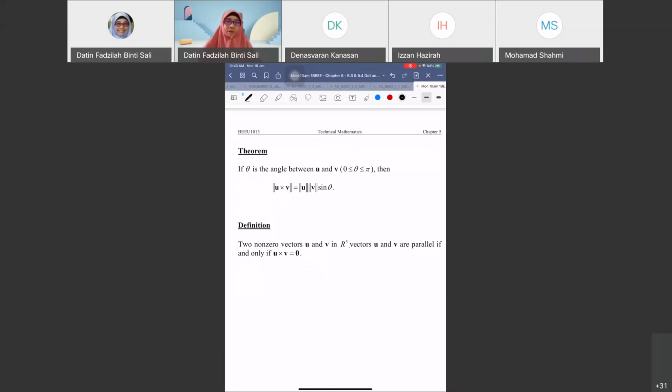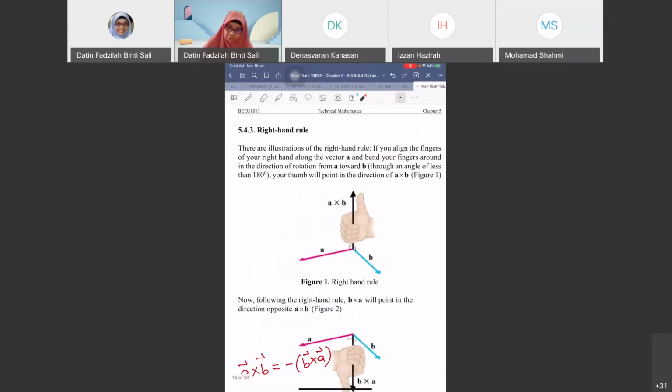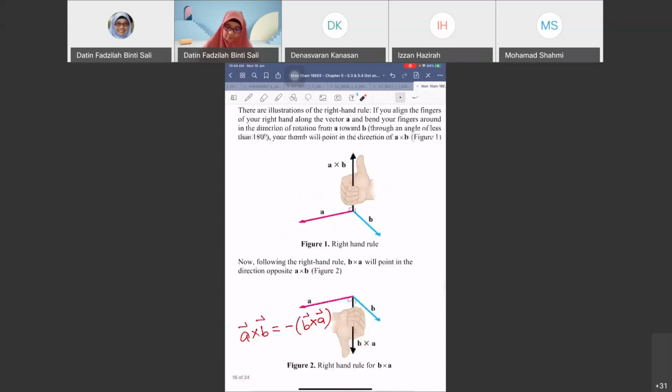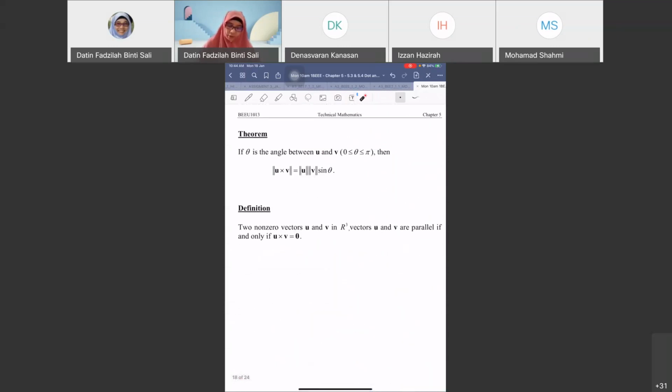Because this is in three-dimensional space, there is a diagram for this type of cross product, with the vectors as well as the one pointing upward for the cross product. So in that sense, there's also a theorem, some sort of definition.